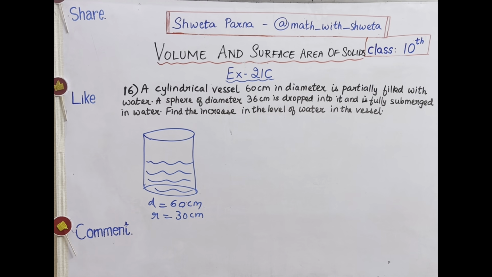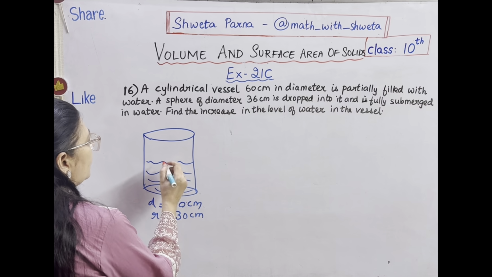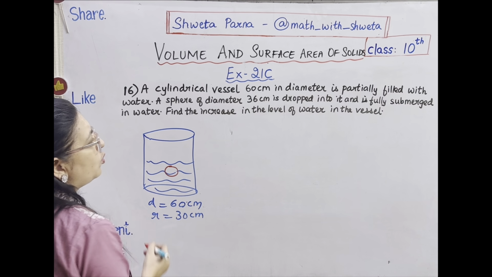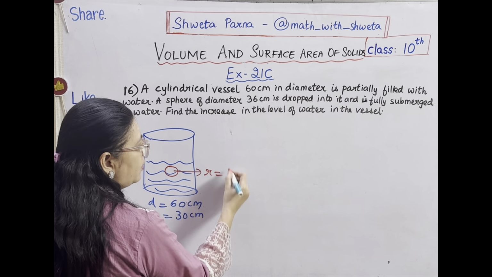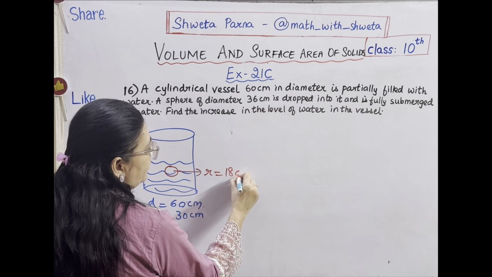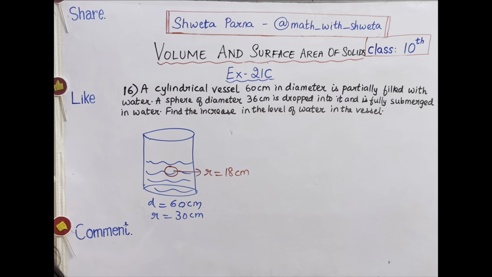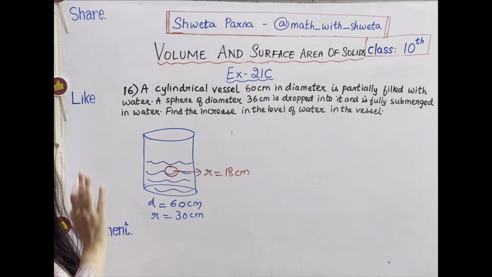Now a sphere whose diameter is 36 centimeter. So the radius would be 36 upon 2, which is 18 centimeter. It is dropped into it and it is fully submerged in water. It is fully inside water.